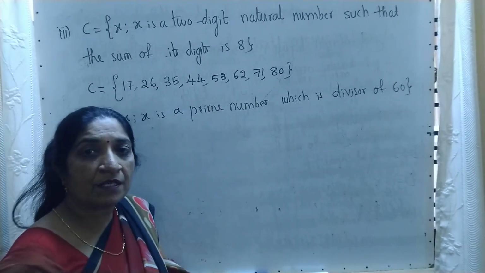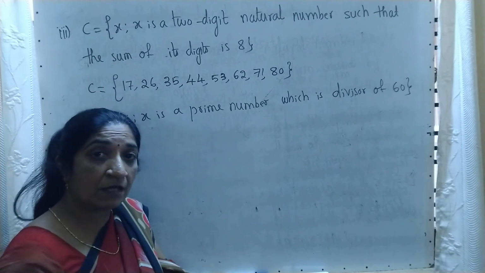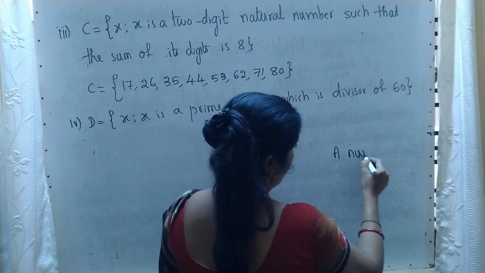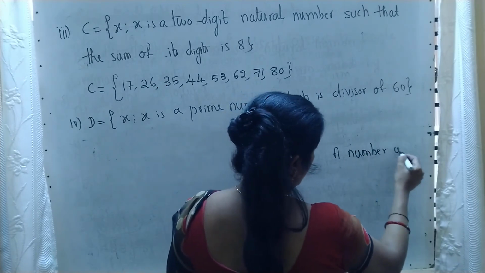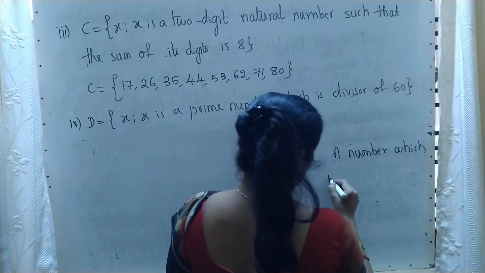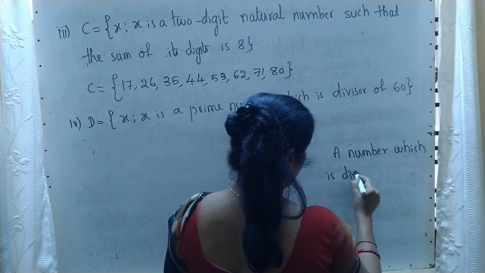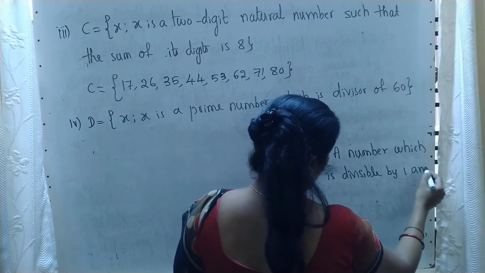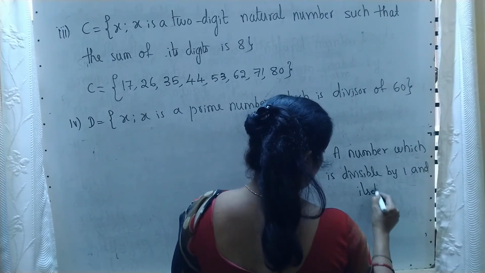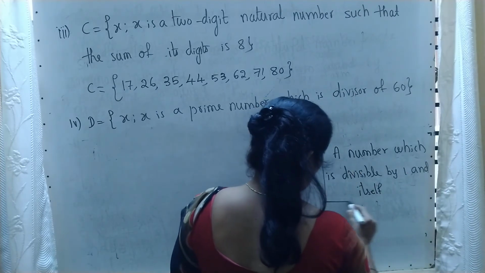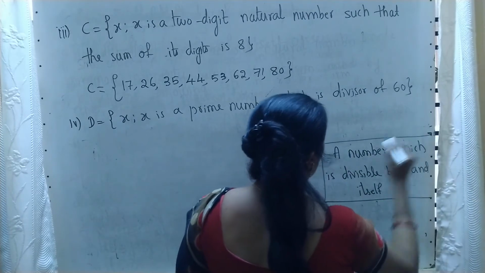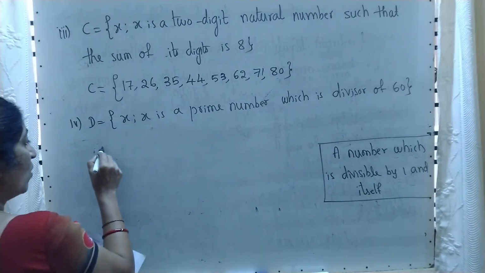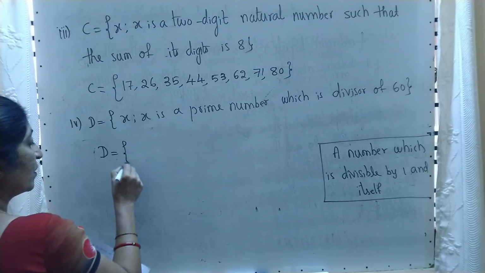A prime number is nothing but a number which is divisible only by one and itself. Understood? And one is neither prime nor composite. So that's why we are not writing 1. Now how do you write the set then?